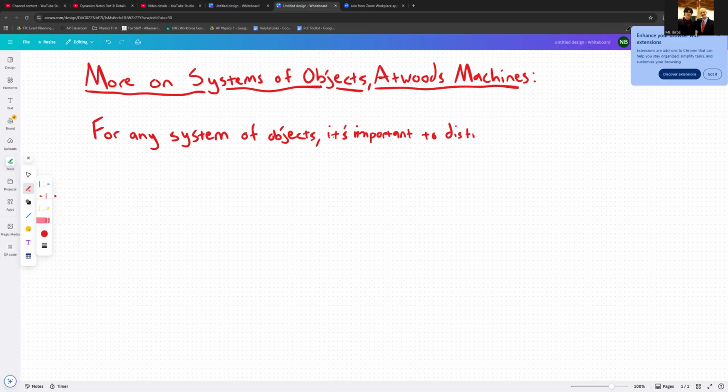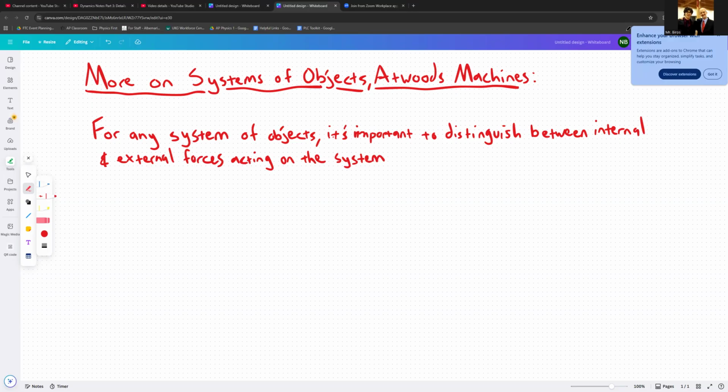to distinguish between internal and external forces acting on the system and the objects within it.